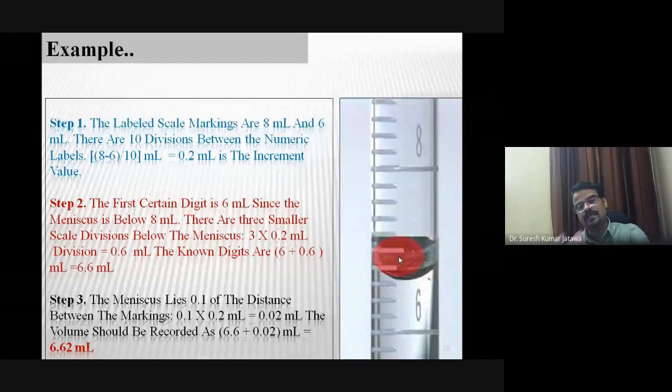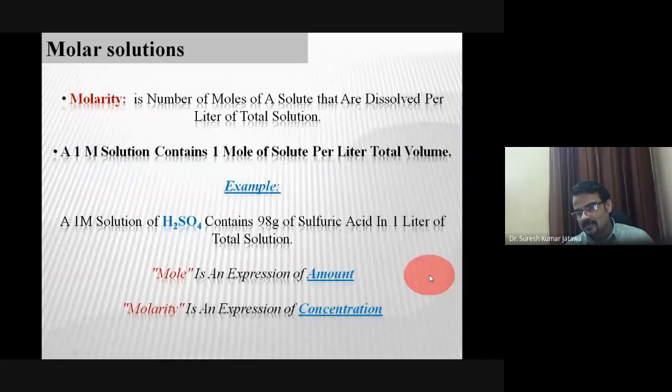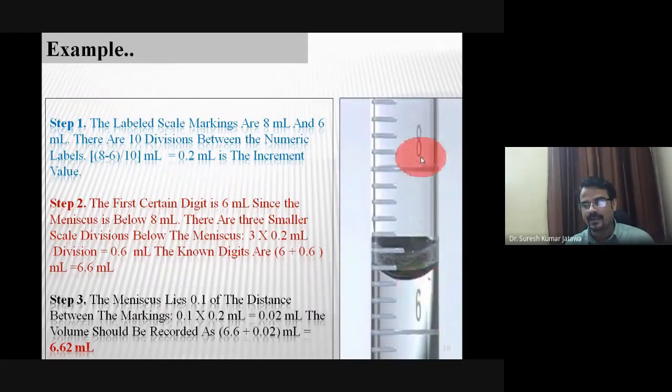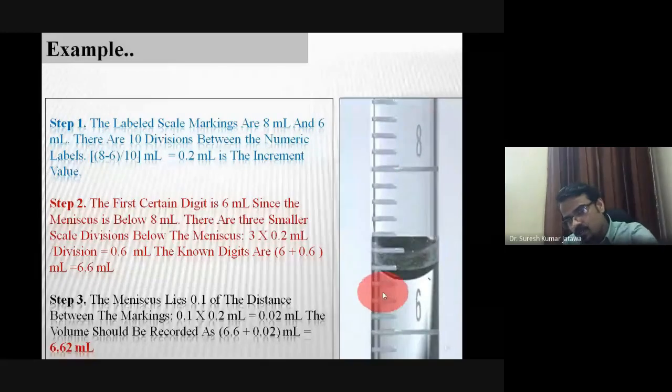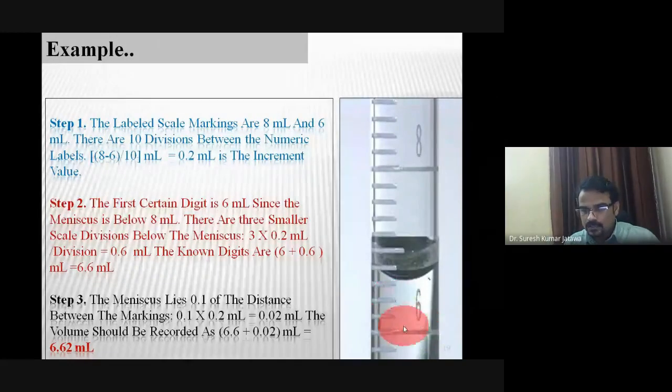Here you see the same picture. In step 1, you have identified the smallest division. It is this one. The adjacent markings on the container are 6 and 8. If you count the smallest divisions between these two adjacent markings: 1, 2, 3, 4, 5, 6, 7, 8, 9, and 10.